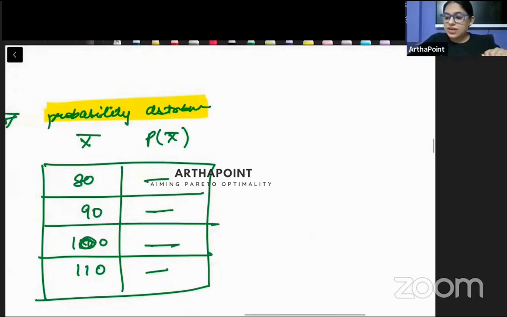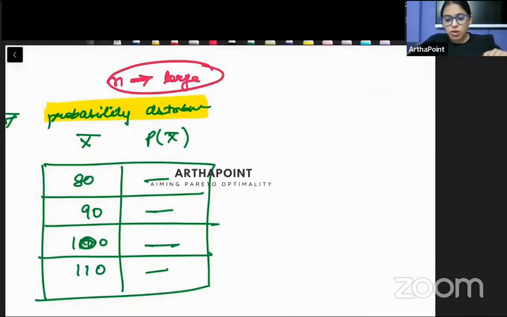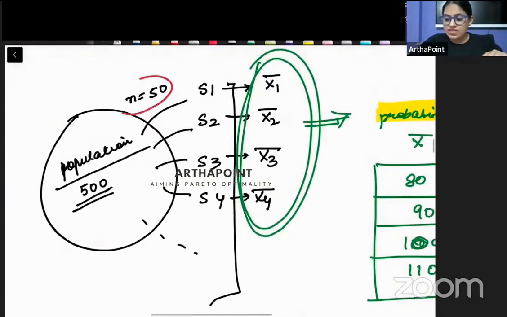Now I am saying that if the sample size is large enough, अगर जो हमने ये sample निकाले थे, if these sample sizes are large enough, I will tell you what large enough means. कितना large हम उसको मान सकते हैं. We will talk about that.